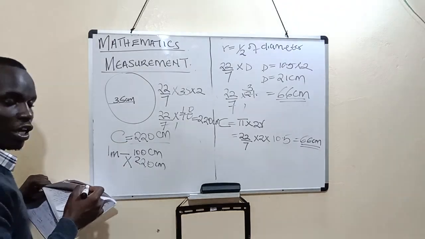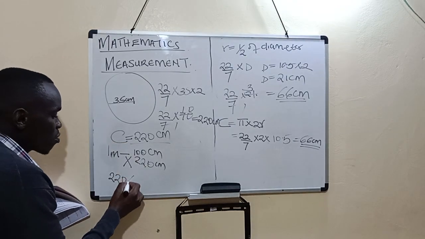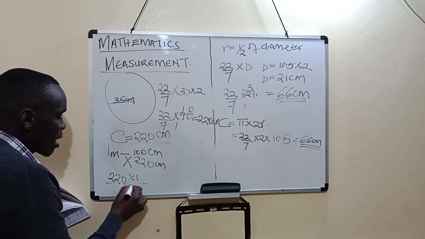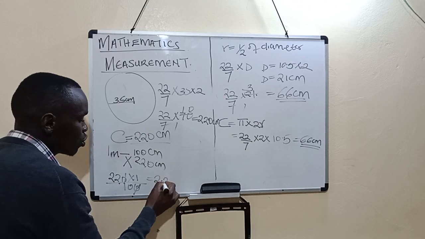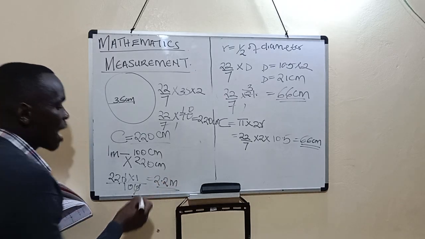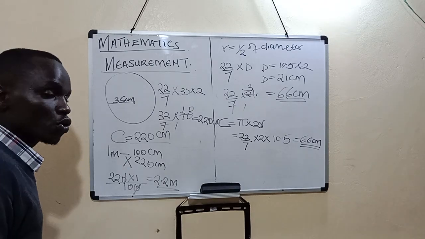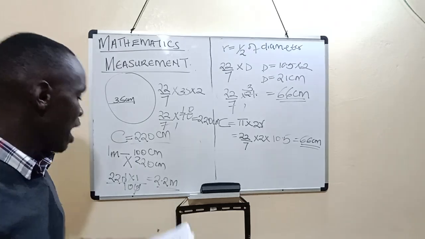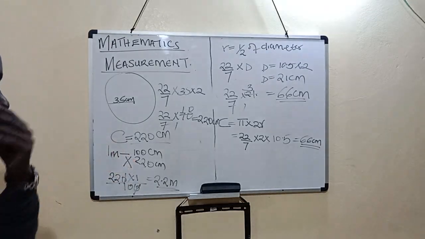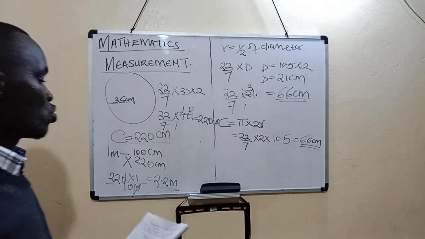We do cross multiplication, where we have 220 multiplied by 1 divided by 100. So we have 2.2 meters in one revolution. It means the wheel makes 2.2 meters in one revolution. That is how we get the distance in meters that is made in one revolution.